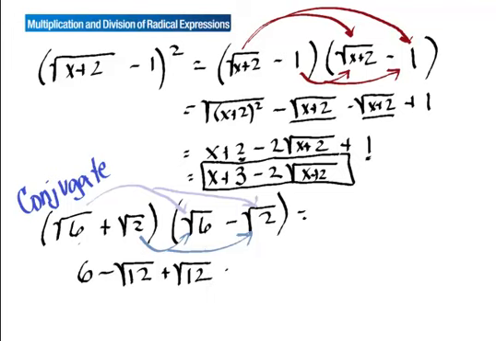And then I'll have minus the square root of 4, which then becomes a 2. Notice minus square root of 12 plus square root of 12. And all I have is 6 minus 2, which is 4. Look at that. That messy old thing ended up being a 4. Nice.